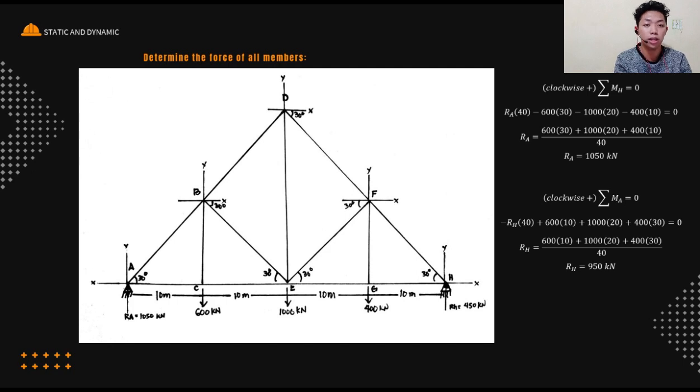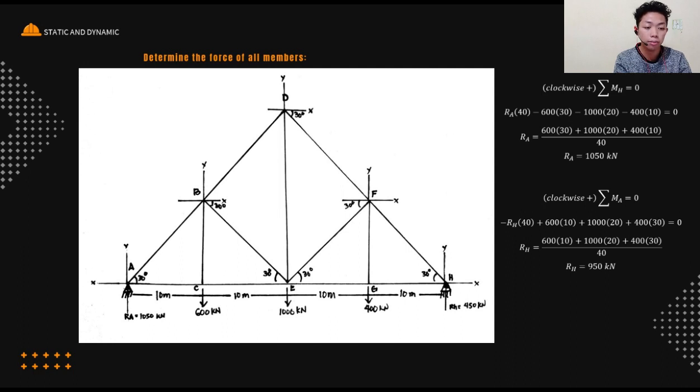Then to get the value of RH, we take moments about A. Summation of moment at A, clockwise positive and counterclockwise negative, equals 0. RH will be negative because its direction is counterclockwise, and its moment arm is 40. The 600 has a moment arm of 10, positive because it is clockwise. The 1,000 has a moment arm of 20, positive because it is also clockwise. The 400 has a moment arm of 30, positive because it is clockwise, and it equals 0. So we divide again by the moment arm of RH, which is 40.